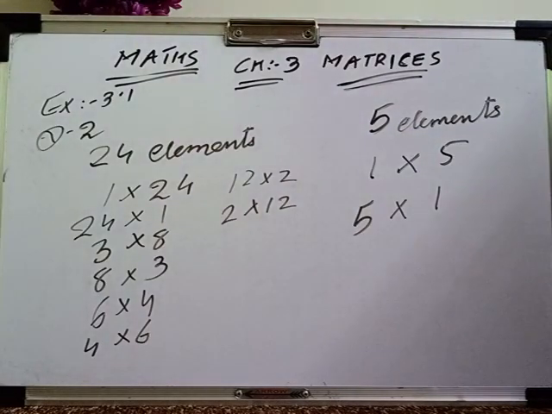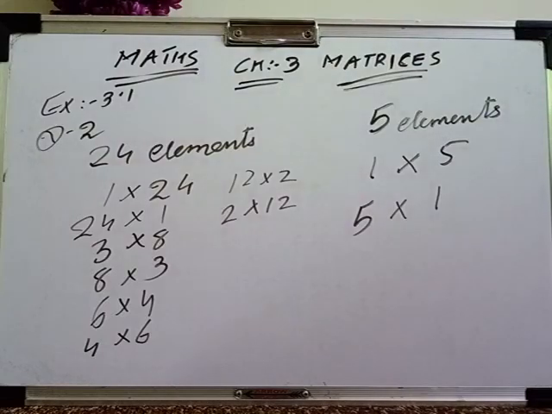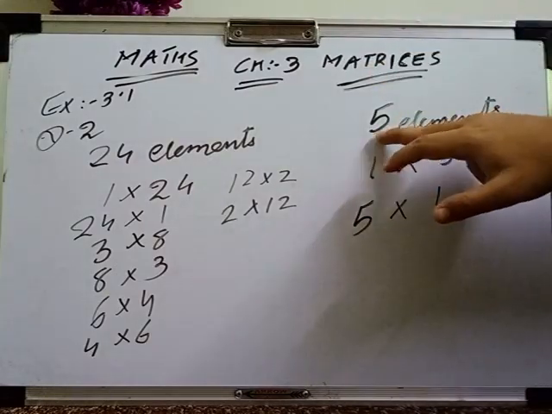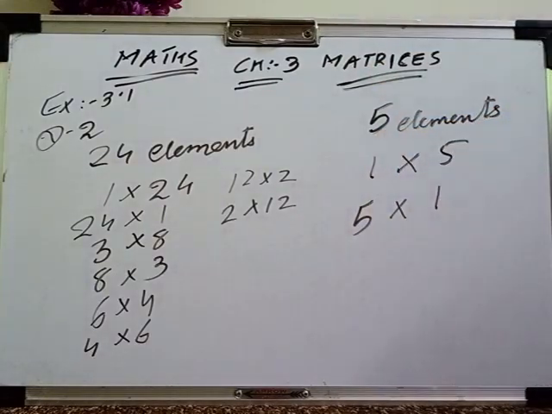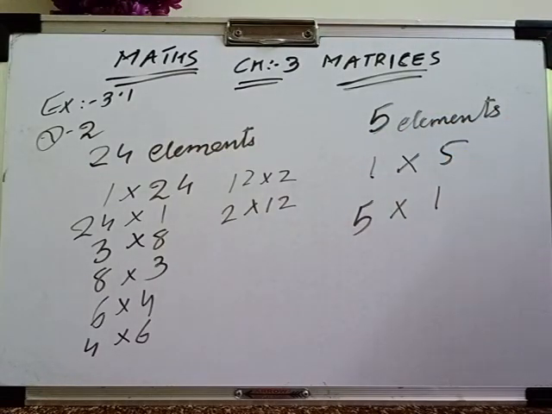But 5 is given in the third question, and in the second question it is 13, so we just swapped that. So if it is asked 13 in the second question, you will have just 1 cross 13 and 13 cross 1, and in the third question it is asked to have 5 elements, so you can note down the solution for that third question.